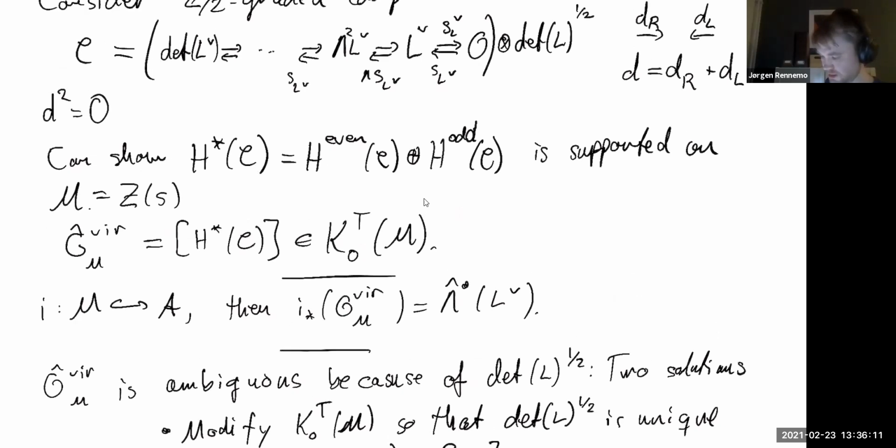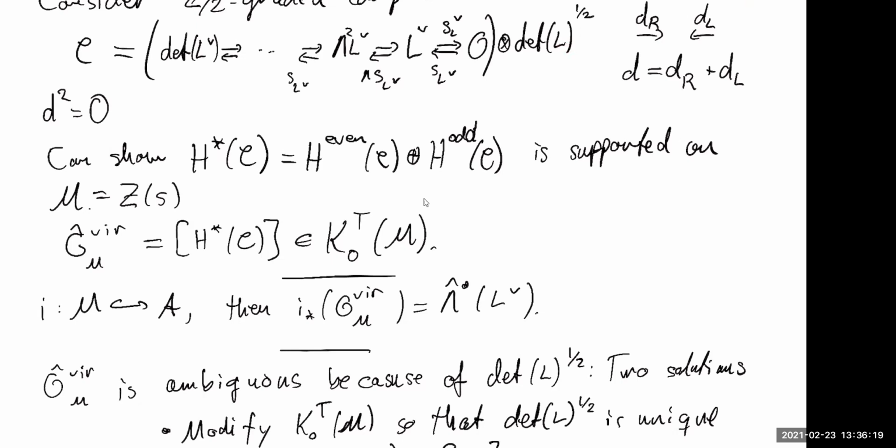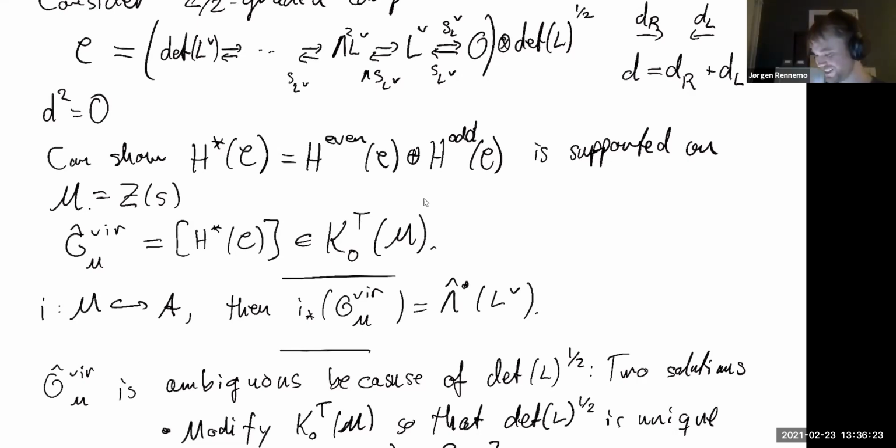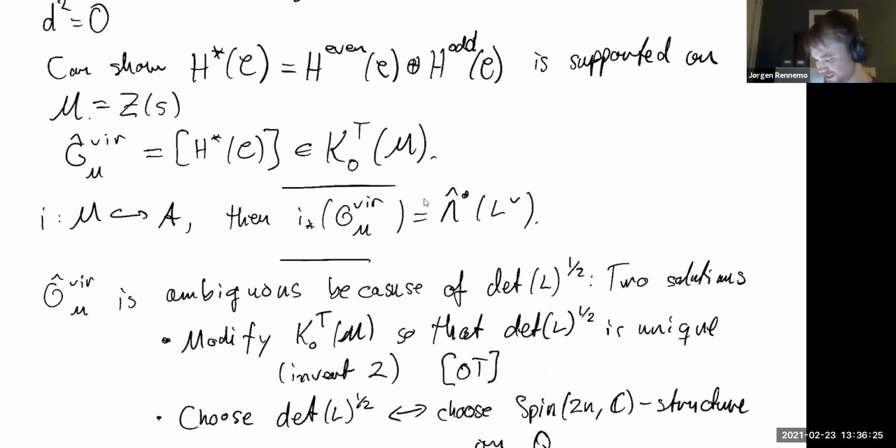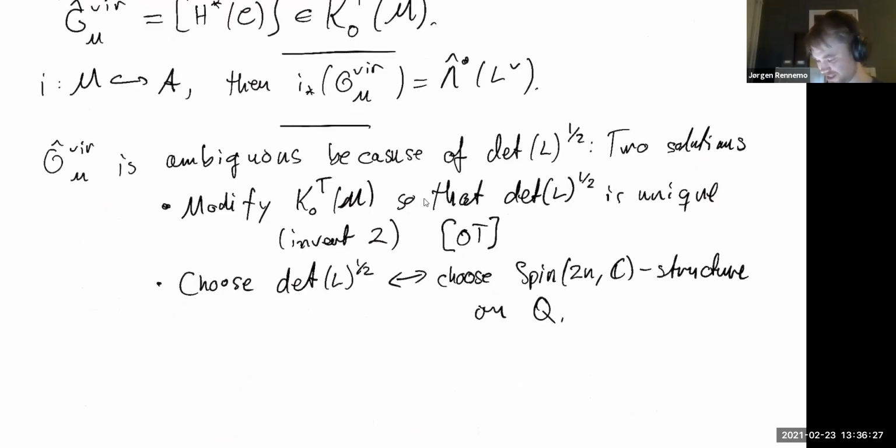So for the Hilbert scheme case, the square root doesn't exist as a line bundle. Okay, I guess you'll explain it. We will come to that. I'm not proving theorems about things which don't exist.